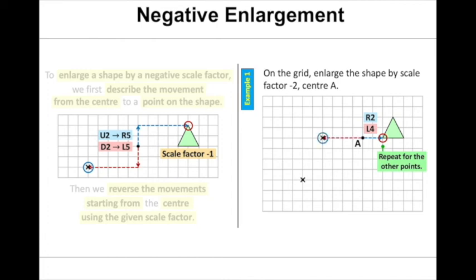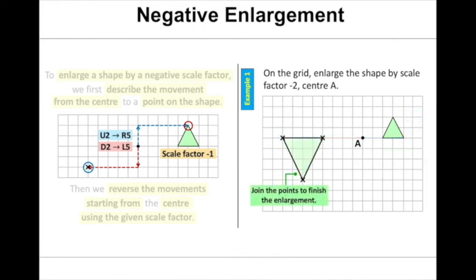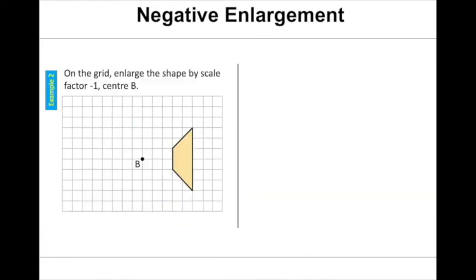So that is the new point on the image. And the last point is right by 4, and that becomes left by 8. So we have all the points, and we connect those points to get the image.